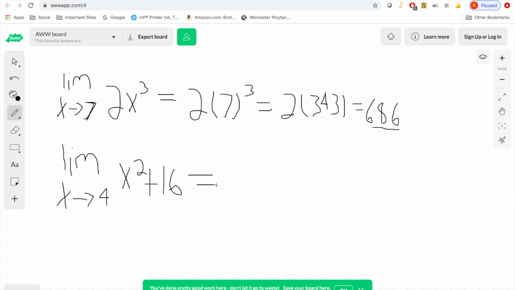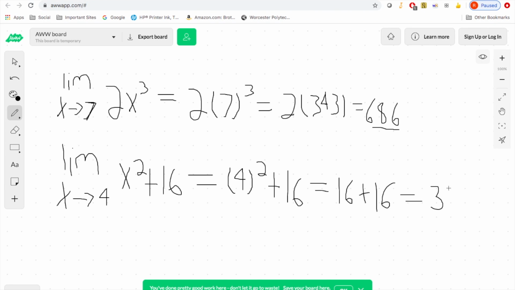Following our same formula from before, this limit is simply going to evaluate to plugging in 4 for x, so that's 4 squared plus 16, which is just going to be 16 plus 16, and that is just going to be 32.